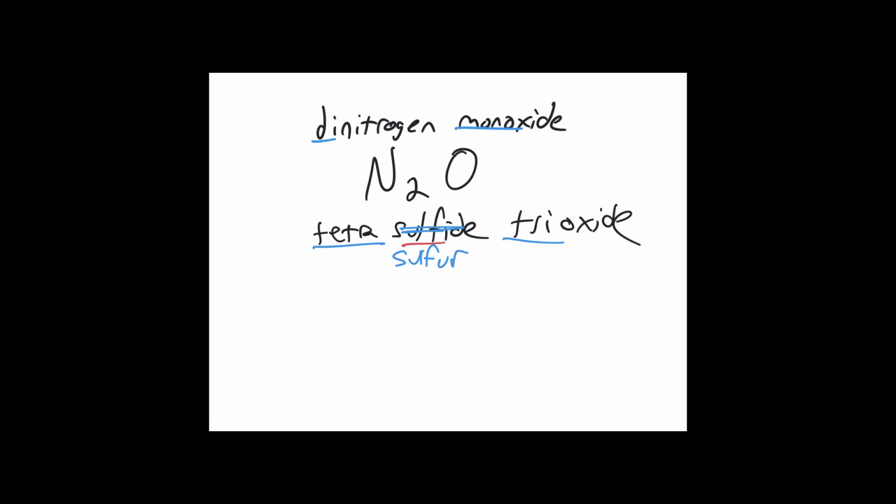So it'd be tetrasulfur, not tetrasulfide. The "ide" is only at the end there. So this is sulfur and oxygen. Tetra means 4, so 4 sulfurs. Trioxide, the tri means 3. Okay. I'm really not going to get into much more of that because that's really truly all it is. The covalents are pretty easy.